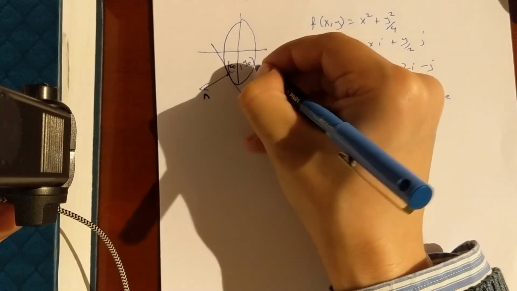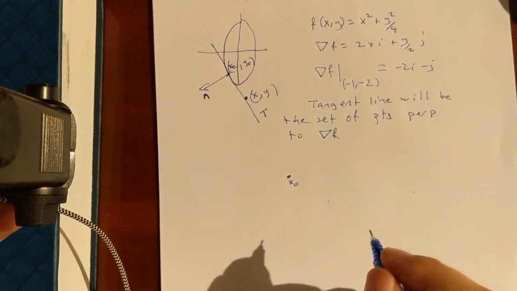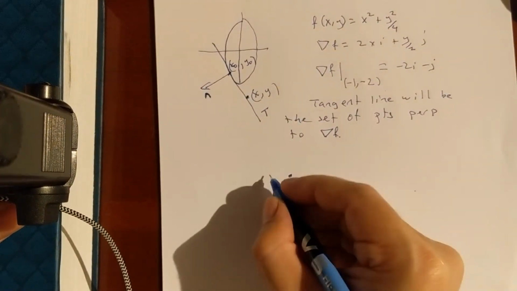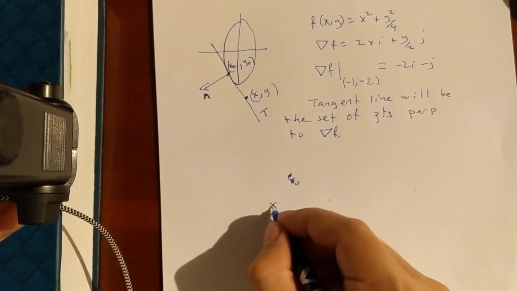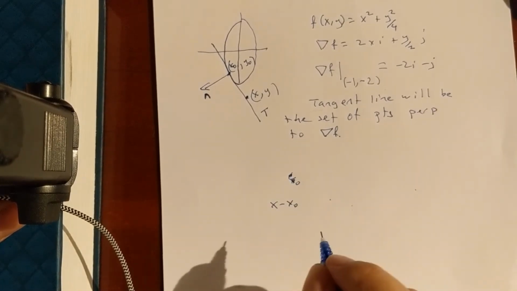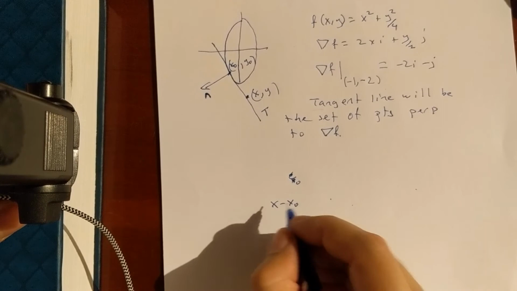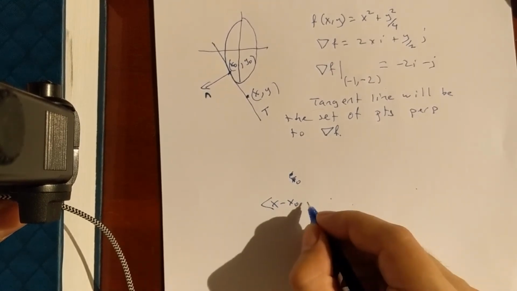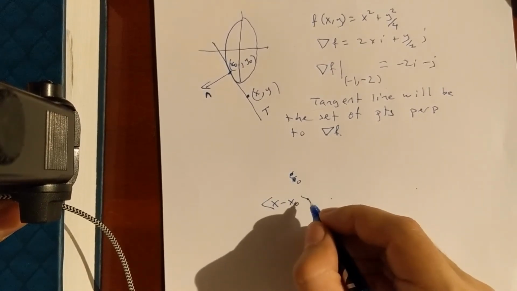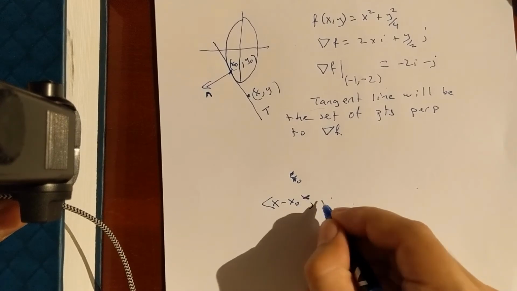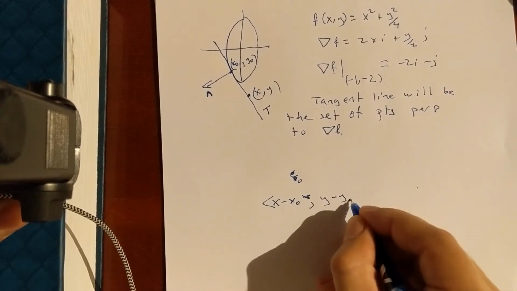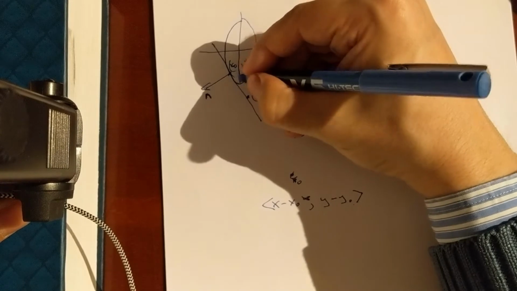Sorry, let's put these as points. Okay, so what needs to be true is x minus x naught, right? That's a vector: x minus x naught, comma, y minus y naught. That would be that vector. It would be this vector here.